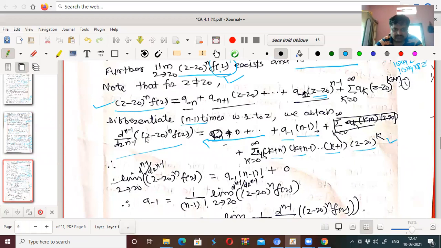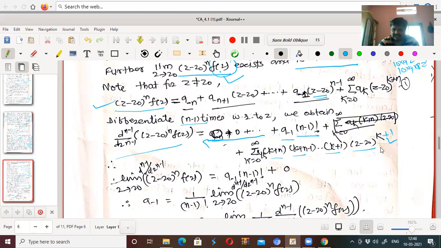Therefore, now taking the limit z tends to z0 of the left hand side and right hand side, these are all zeros, no doubt. There is no z0 here, so it remains a minus 1 times (n minus 1) factorial. And in each term here there is a power of (z minus z0), with power k plus 1.